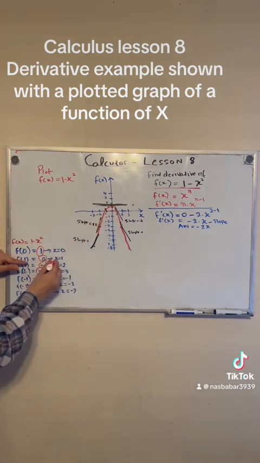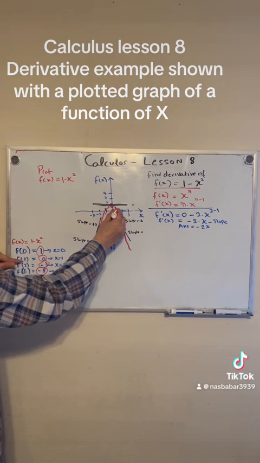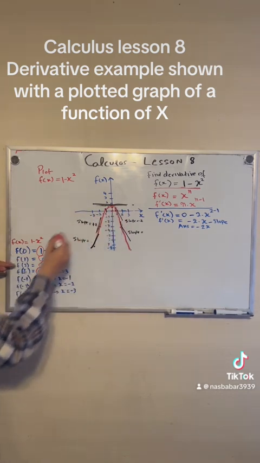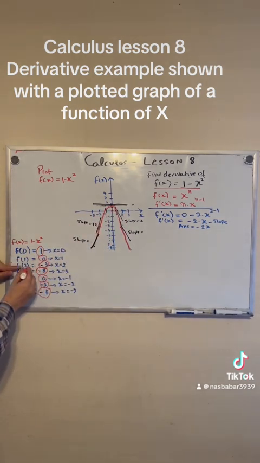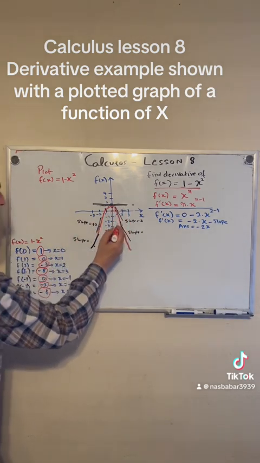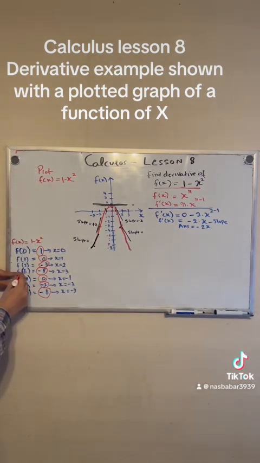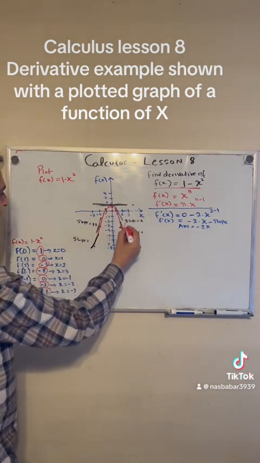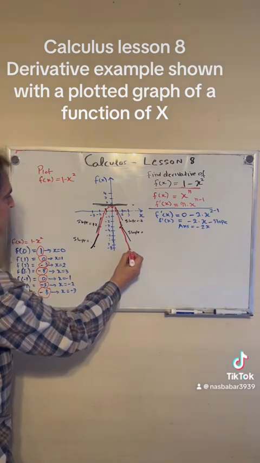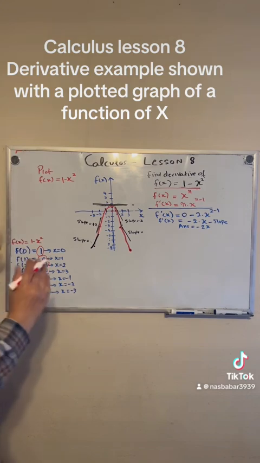When x is equal to 1, my function is 0. Boom, right here. When x is equal to 2, my function is minus 3. Boom, right here. When x is equal to 3, my function is minus 8, right here. Similarly, I get this on the other side also.